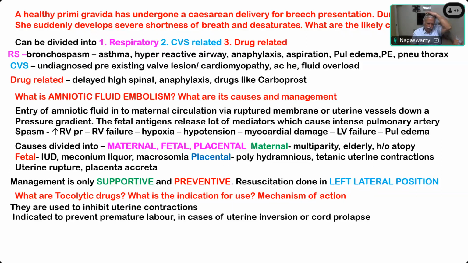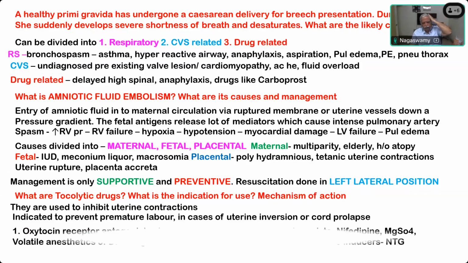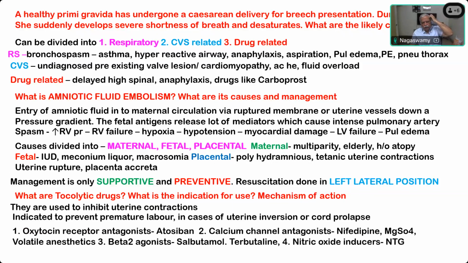They are indicated to prevent premature labor, in case of uterine inversion or cord prolapse. There are oxytocin receptor antagonists like atosiban, calcium channel antagonists like nifedipine, magnesium sulfate, volatile anesthetics, beta 2 agonists like salbutamol, terbutaline, and nitric oxide.